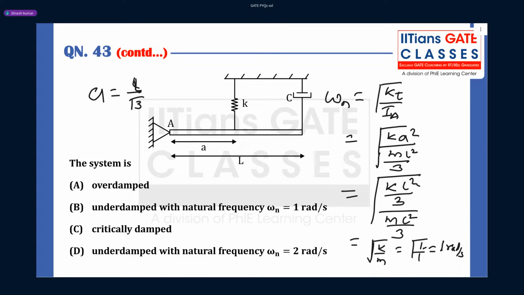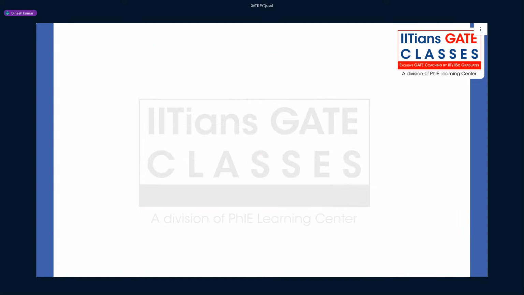So first we need to define whether the given system is overdamped, underdamped or critically damped. Now one thing is sure, we found natural frequency as 1 radian per second. That means D cannot be the answer. So now guys, in case of rotational vibration, what is zeta?